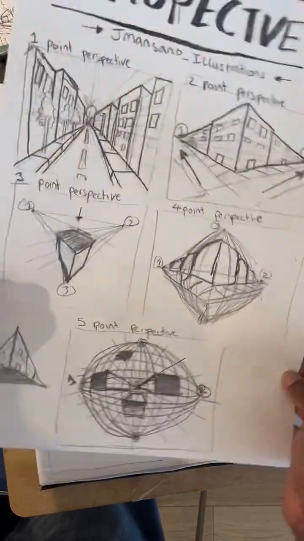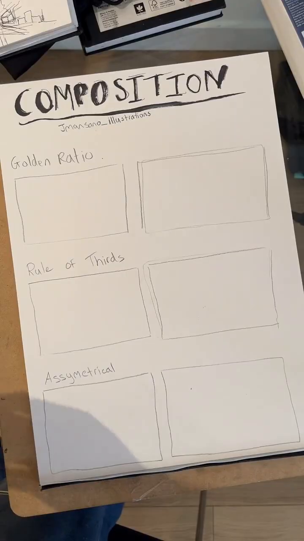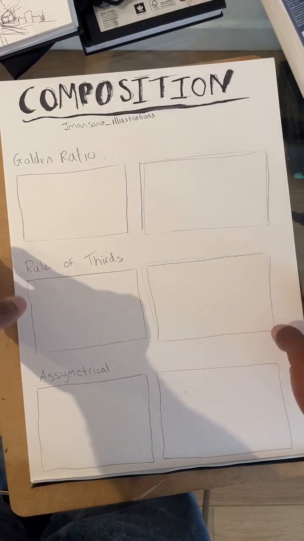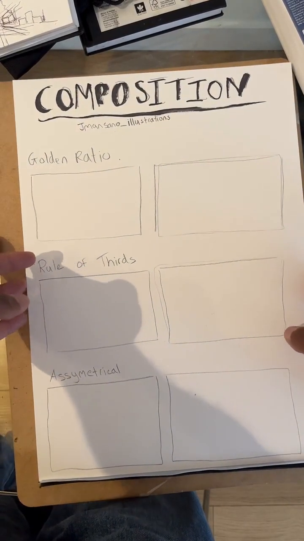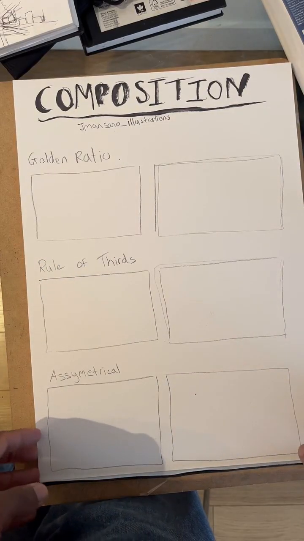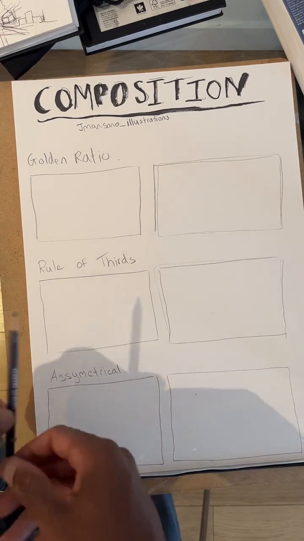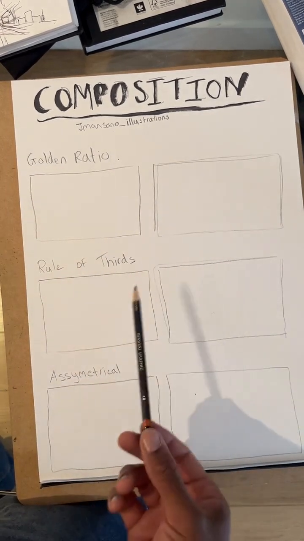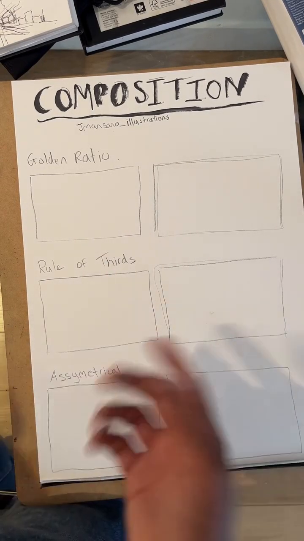So I'm going to move on to composition now. So say goodbye to this. Now we've got composition. Composition is what you use when you want to create a painting or photograph, basically anything like that.